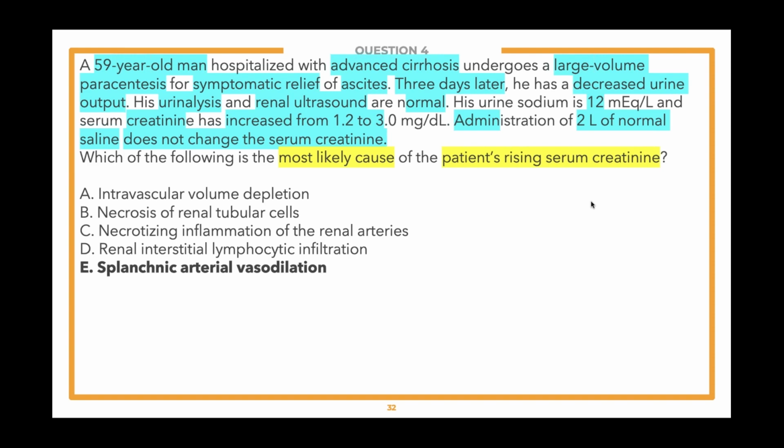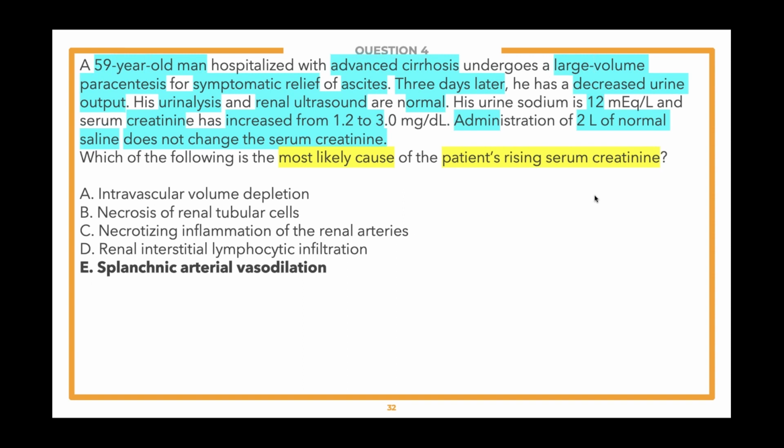Same thing with answer choice C. That might be getting at acute tubular necrosis or something, but again, not what we're dealing with here. And with any sort of acute kidney injury, we would expect that giving saline would improve the creatinine. In this case, giving fluid is not going to help the kidney function because this is due to a liver issue, not a lack of fluid.